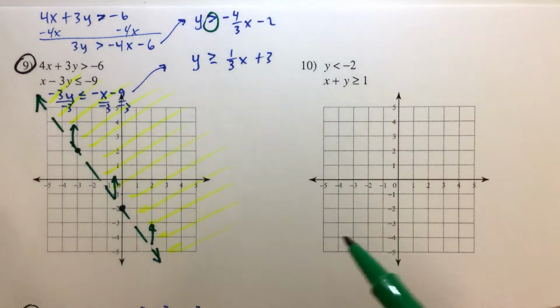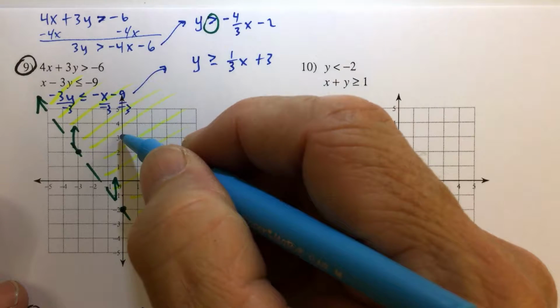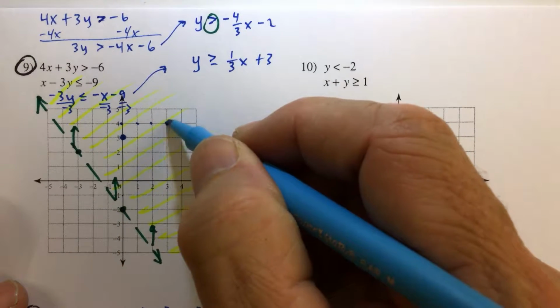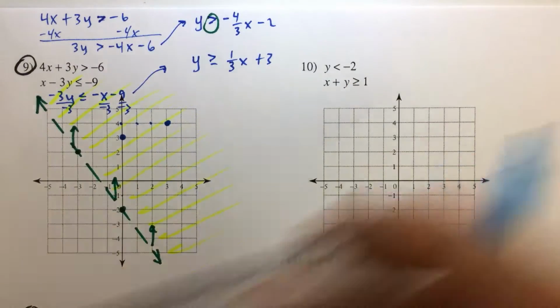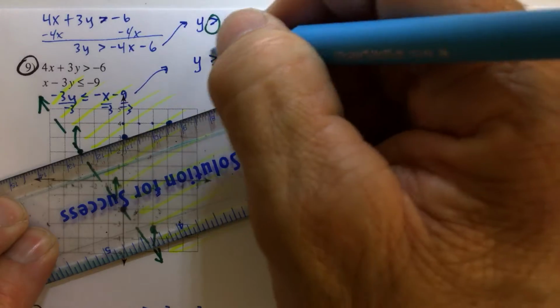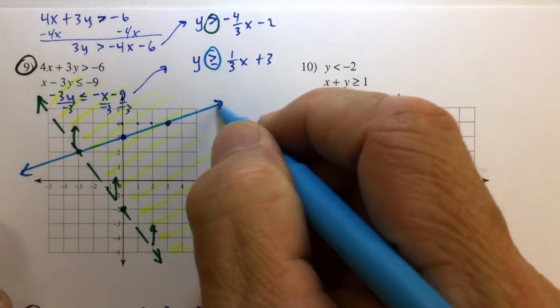Now the second inequality, we see we have a y-intercept of 3 and a slope of 1/3. So from the y-intercept we go up 1 and over 1, 2, 3, almost lost count there, and we put another dot. We connect the dots with a solid line, and it's getting to be second nature now, right?